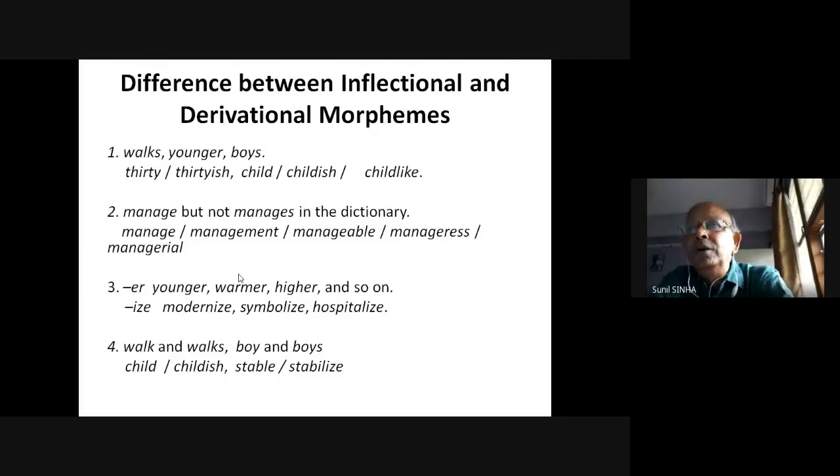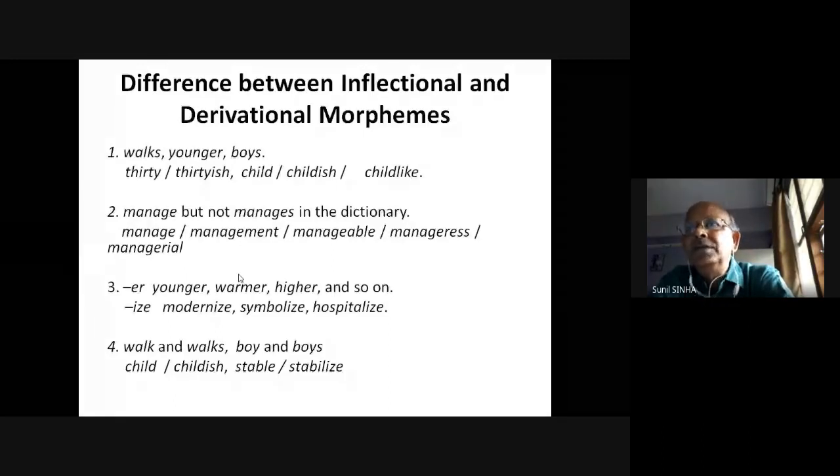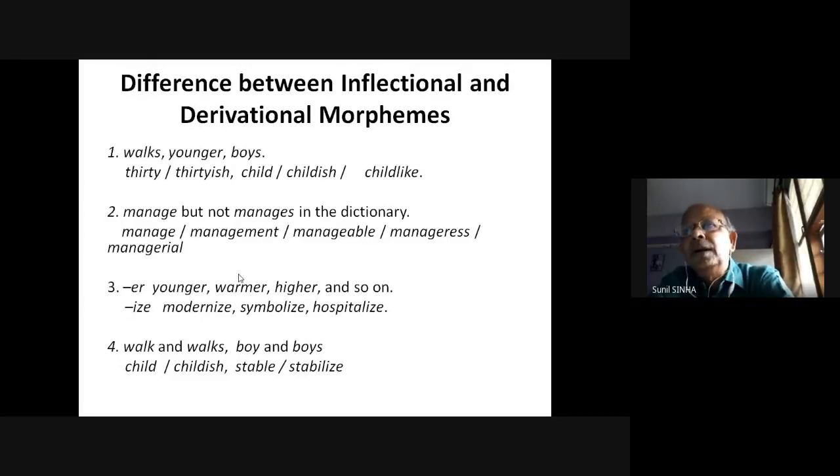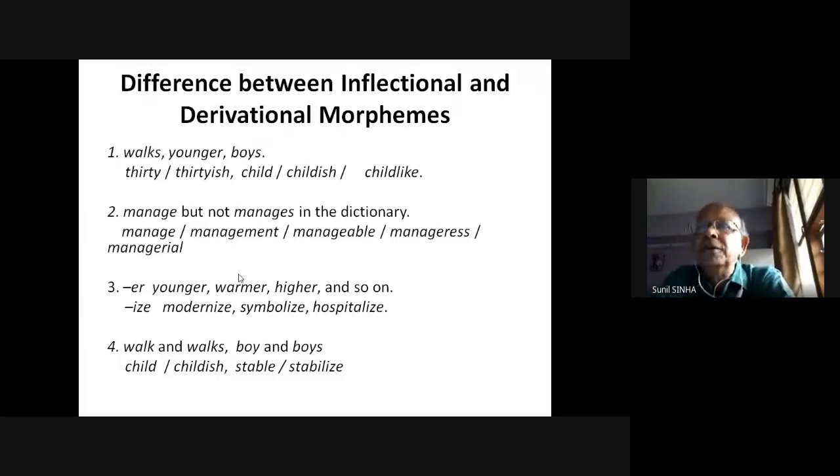Look at boy and boys. Boy is a noun. We add this inflectional morpheme -s to boy, and we get boys, and boys is also a noun. So boy and boys, both are nouns. So the inflectional morpheme does not change the part of speech of a word. But look at the derivational morphemes -ish and -ize.